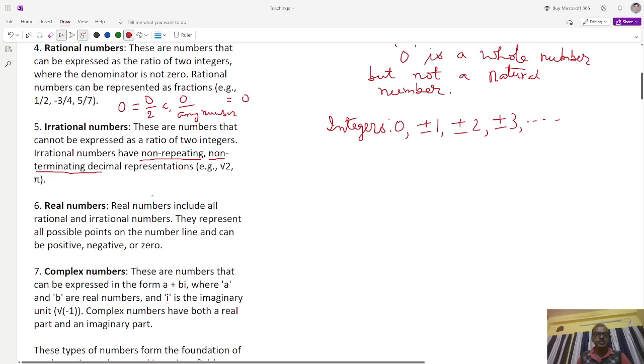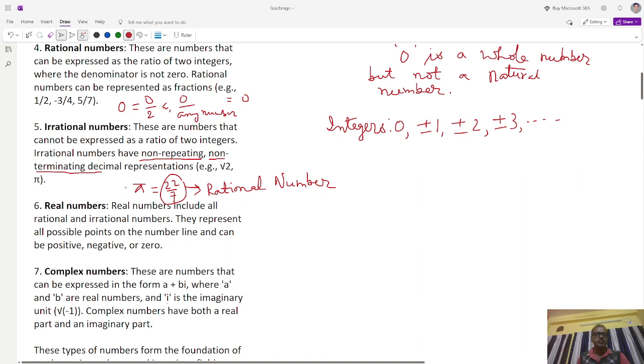It may be noted here, pi is an irrational number, but the value of pi, we all know that pi equals 22 by 7. 22 by 7 is a rational number, because it is the ratio of two integers and the denominator is not equal to 0.